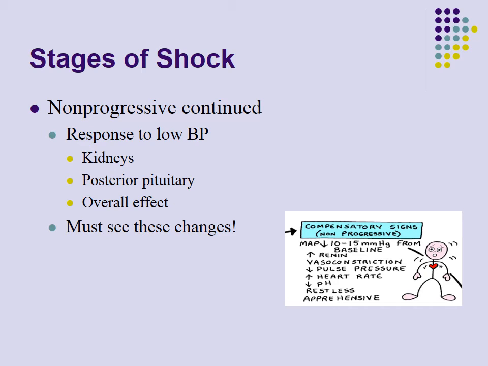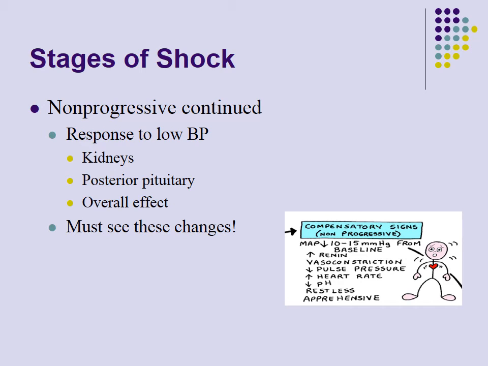In the posterior pituitary, we're going to see some changes as well. We're going to see our body retaining ADH. The other name for this is vasopressin, and so that's going to also have more of a vasoconstrictive result. We're going to see water being retained, and the urine is going to drop from this as well.